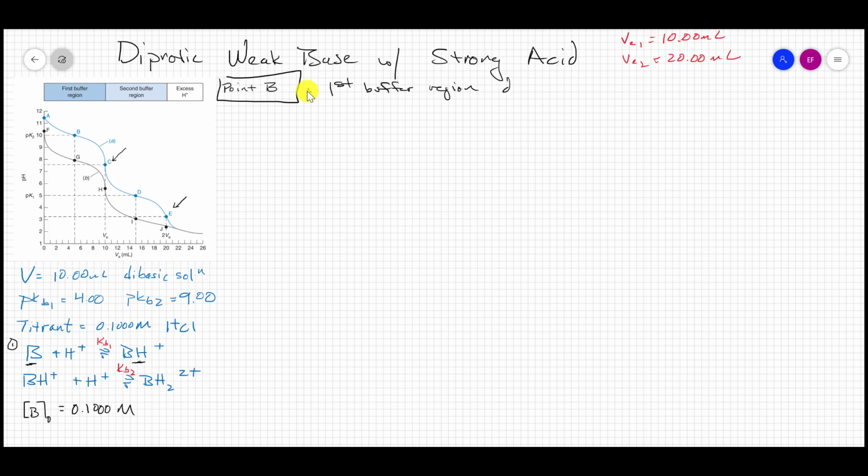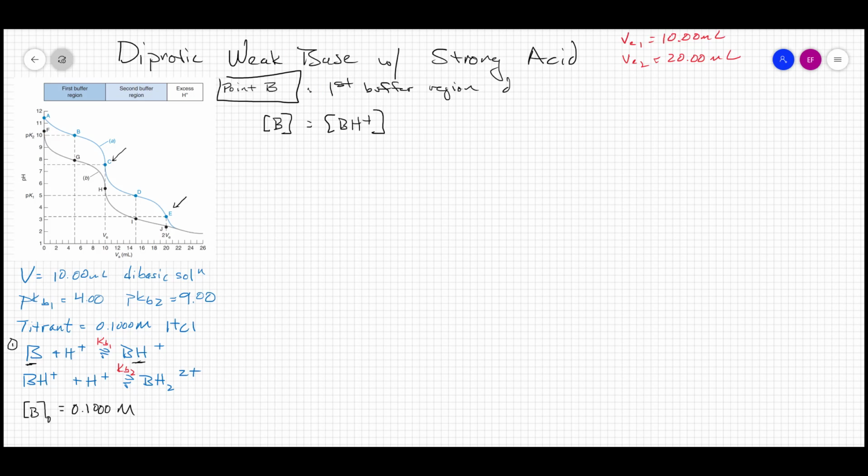And if you're exactly halfway between in that plateau region, then that's a specific region where the concentration of the original base is equal to the first protonated form of that base. So I'm giving this example to walk you through how to compute that, and that's an easy one.